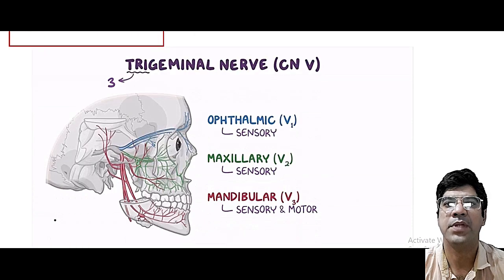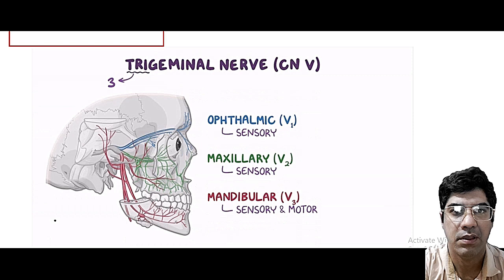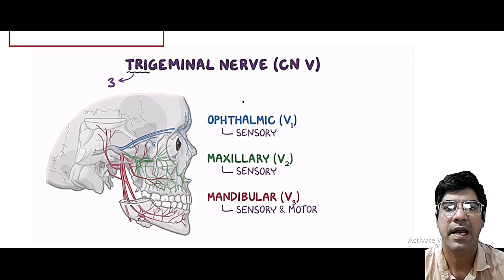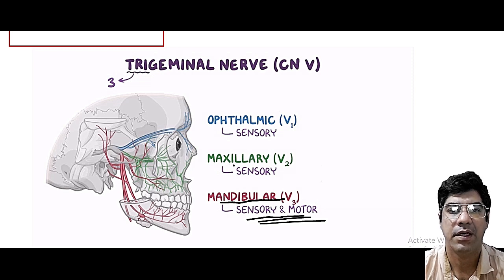The other options are the ophthalmic, maxillary, and mandibular nerves. The mandibular nerve is one of the three divisions of the trigeminal nerve, and it supplies the sensory innervation to the lower jaw. The maxillary nerve is another division of the trigeminal nerve.